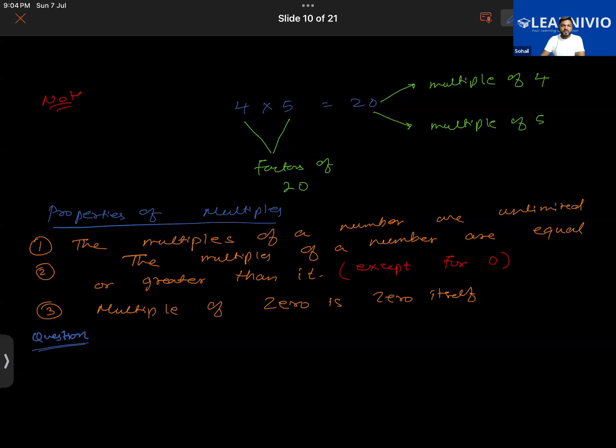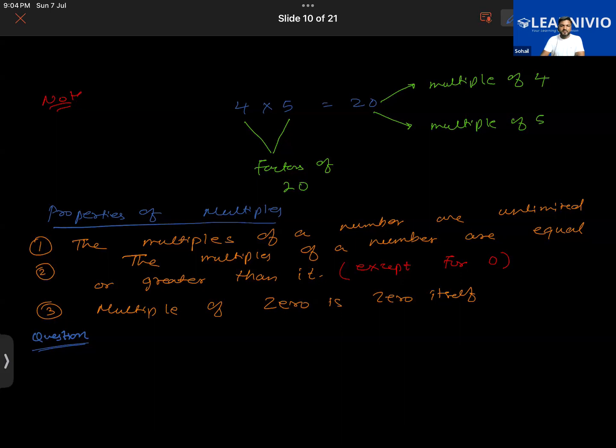Co-prime, even number, or twin prime? Twin prime. Good.